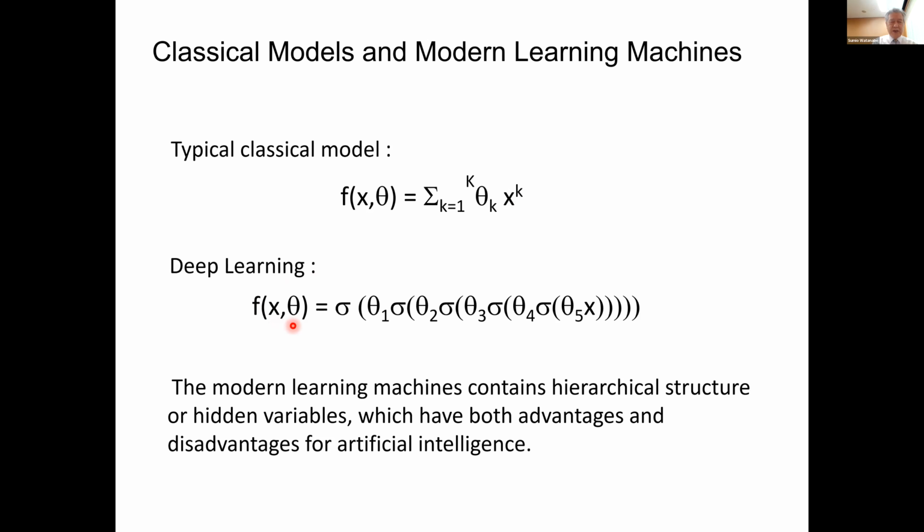F of x and parameter theta is equal to the activation function applied to nonlinear function theta 1, nonlinear function theta 2, nonlinear function theta 3, nonlinear function theta 4, nonlinear function theta 5, and x, and so on. So deep learning has a deep hierarchical structure. Modern learning machines contain hierarchical structure or hidden variables, which have both advantages and disadvantages for artificial intelligence.